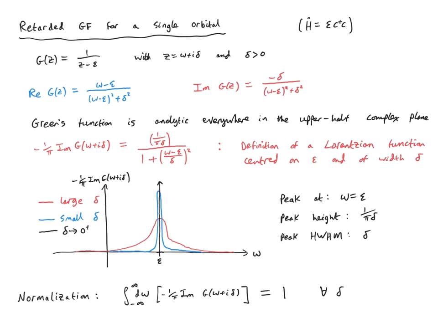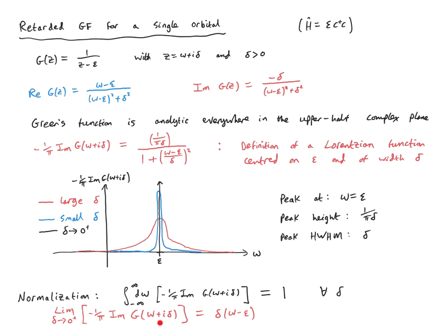And indeed, as I send delta to 0, keeping it infinitesimally positive, of course, I still find that the normalization of that is equal to 1. And that's one of the important properties of the delta distribution. So we see that as we take the limit of delta goes to 0 plus of minus 1 upon pi of the imaginary part of g, we see exactly the delta function of omega minus epsilon.